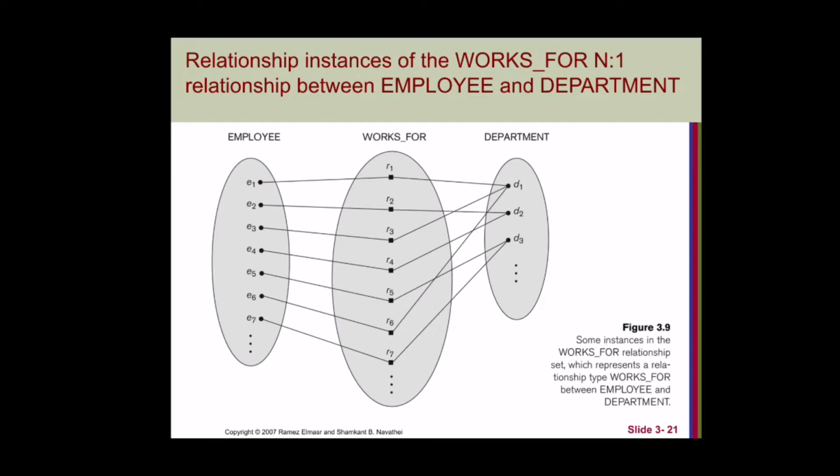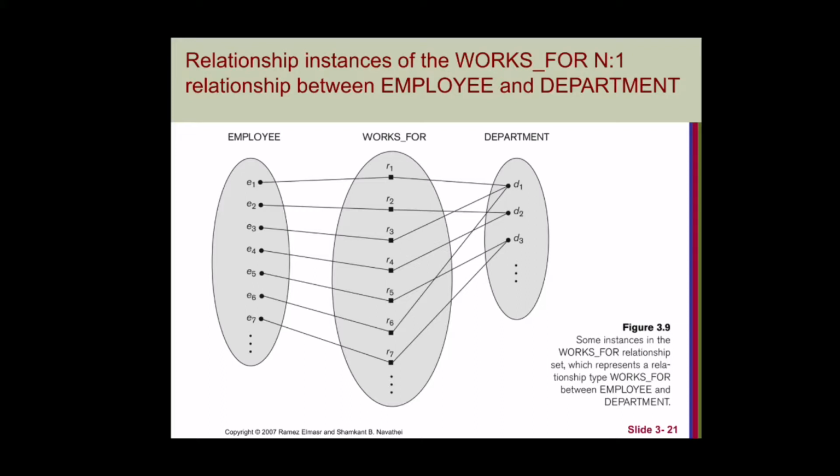This is a relationship instance of works for. That is, it's an n is to 1 relationship between employee and department because we have a constraint. What is the constraint? Here we have the employee entity type and the department entity type, and works for is the relationship type.